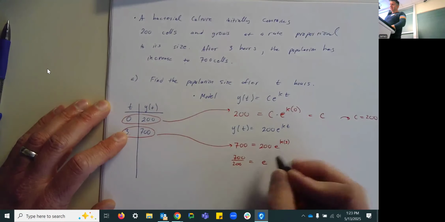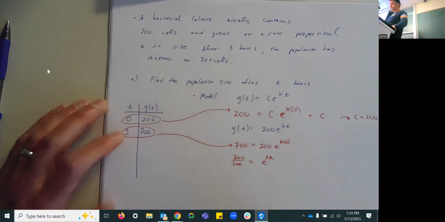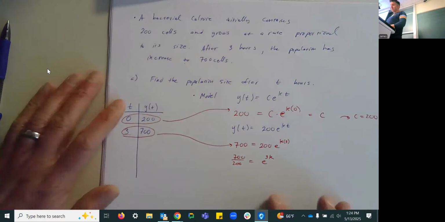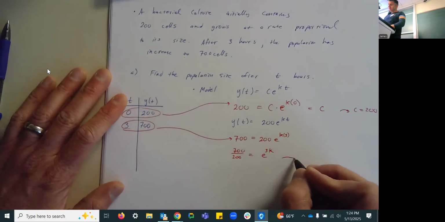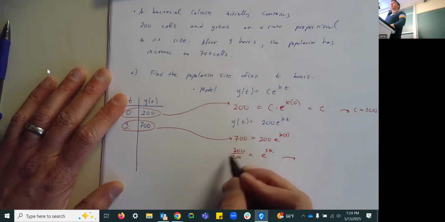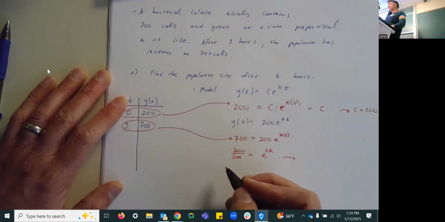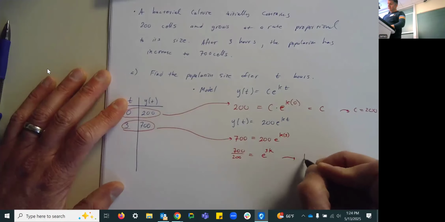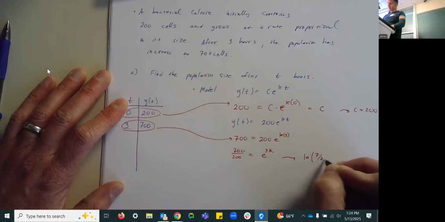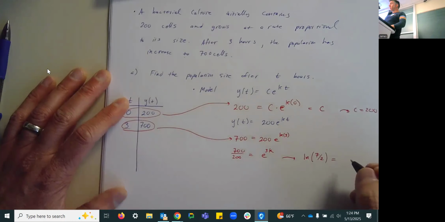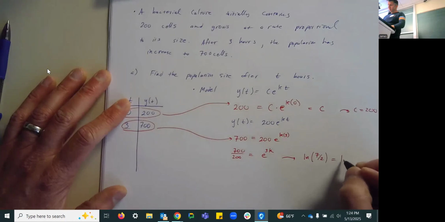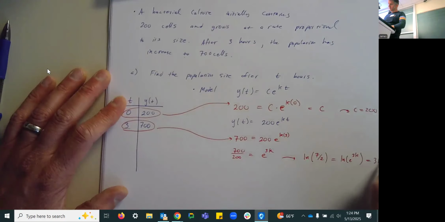I do prefer to write it as 3k, but it doesn't really matter. Then we take the natural log of both sides. I am going to change 700 over 200 to 7 halves, since it's easy to reduce that fraction. So we have the natural log of 7 over 2 equal to the natural log of e to the 3k, which is just 3k. That's why we're taking the natural log of both sides.